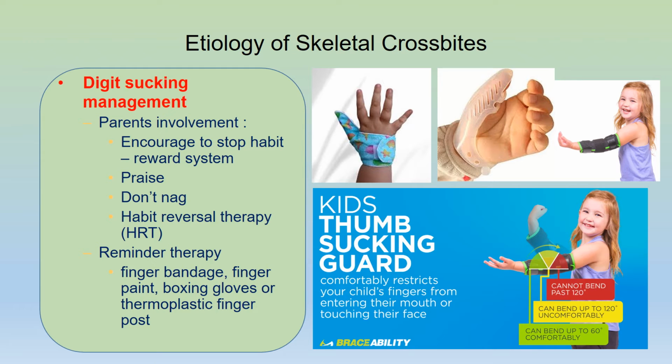Now, you can also use a reminder therapy, something like a finger bandage, finger paint, or boxing gloves, or a thermoplastic finger pose to discourage the child from sucking. You could even use a guard put on the elbow joint, so that the child cannot bend the arm comfortably enough to bring the thumb into a sucking position.